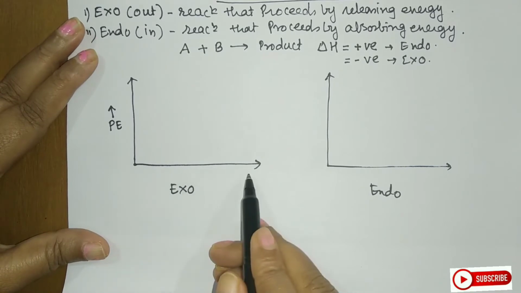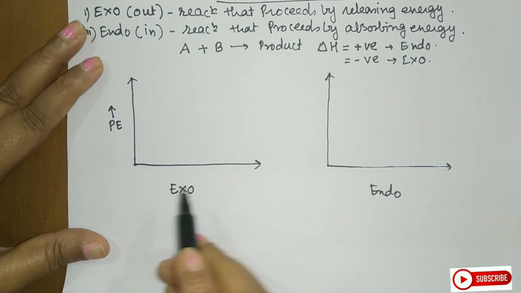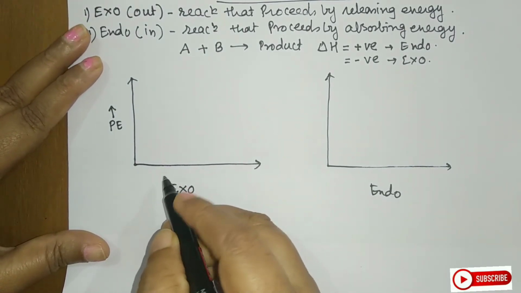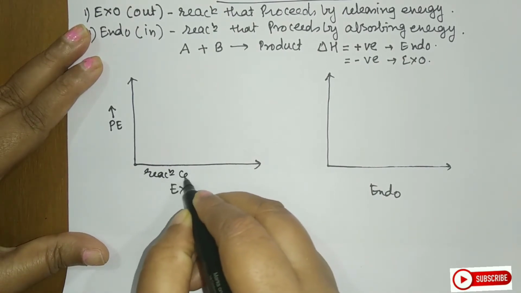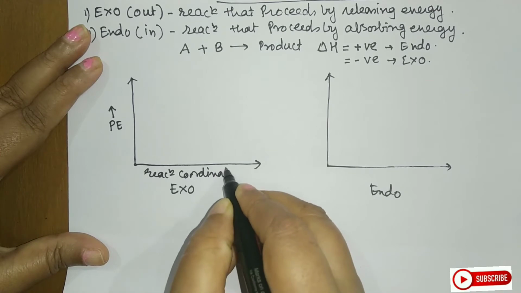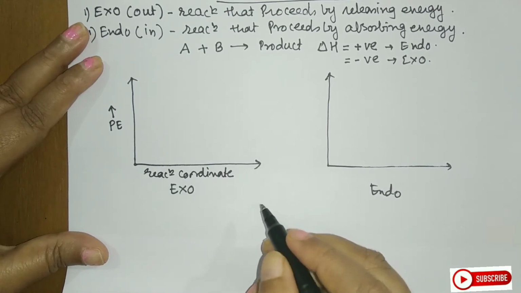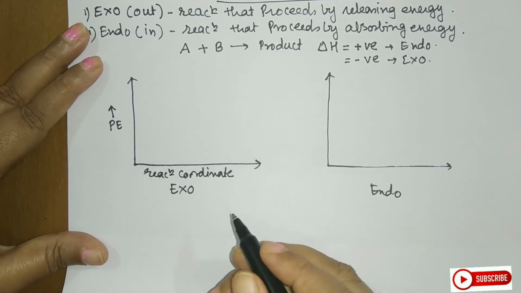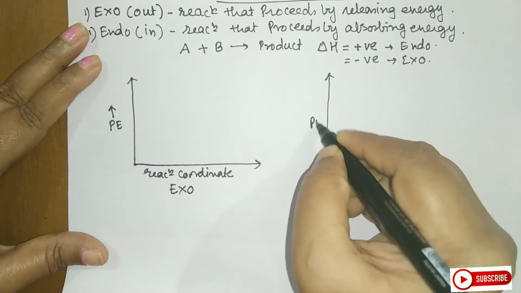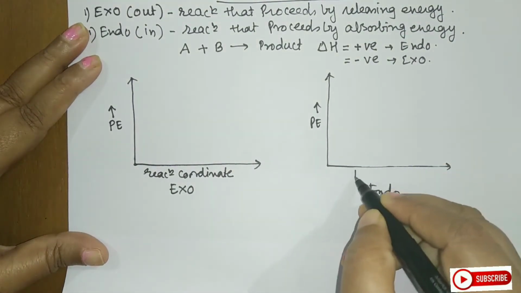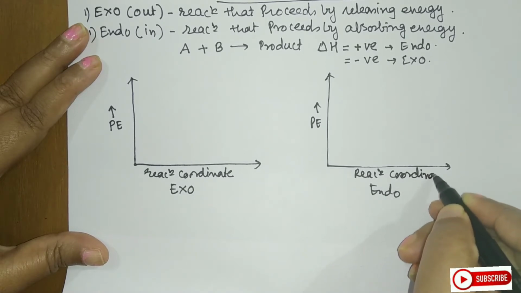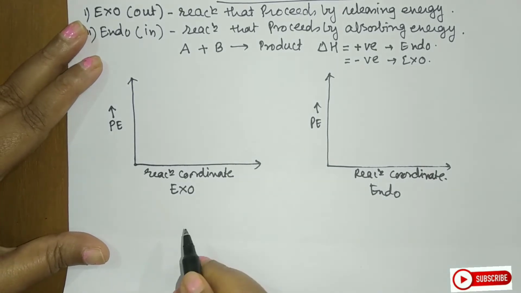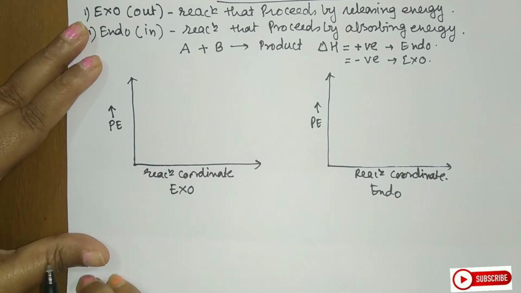On the x-axis, we usually write the reaction coordinate. Instead of reaction coordinate, you can also write reaction progression. So I will write the same here: potential energy and reaction coordinate. Now for an exothermic reaction, let us see how to draw this.